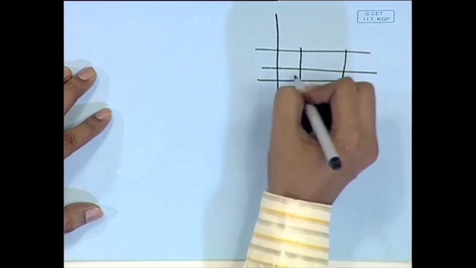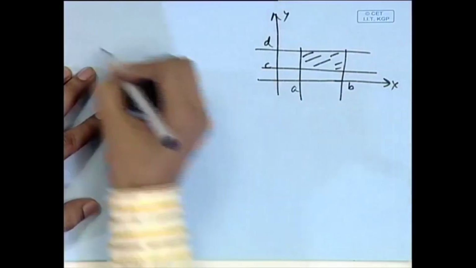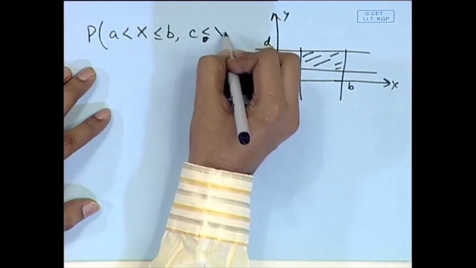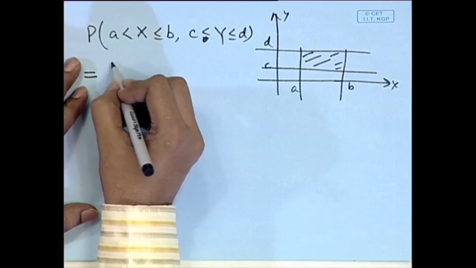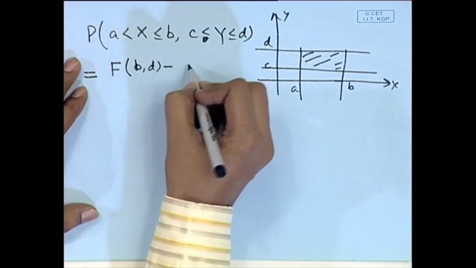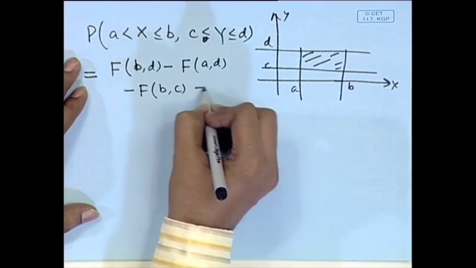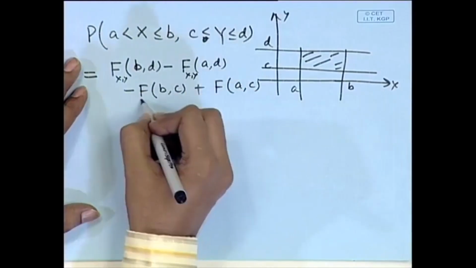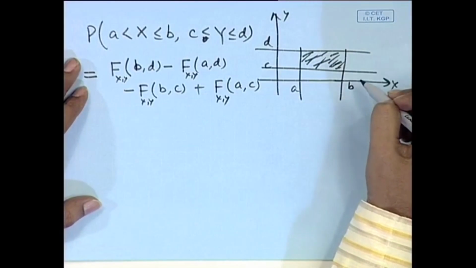Suppose this is the point A B, this is x, this is y, and this is say C D. So, if we want to look at the probability of this region, so probability of A less than x less than or equal to B, C less than y less than or equal to D, then this is equal to f of B D minus f of A D minus f of B C plus f of A C. So, the probability of a rectangular region can be evaluated in terms of the CDF.